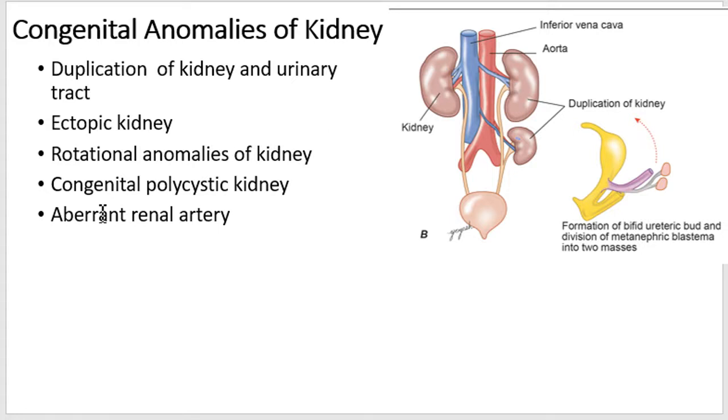The accessory renal artery. In the accessory renal artery, the main arteries persist and the accessory arteries persist over the upper pole or lower pole of the kidney. When these accessory arteries are end arteries and are ligated, it produces necrosis of that part of the kidney.